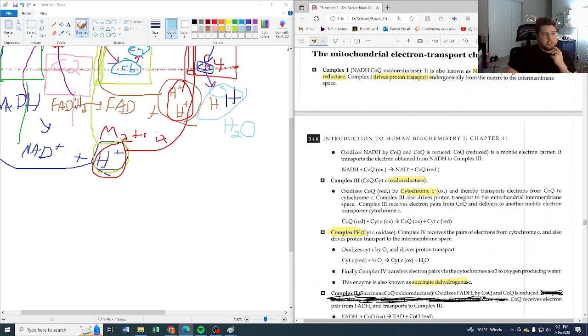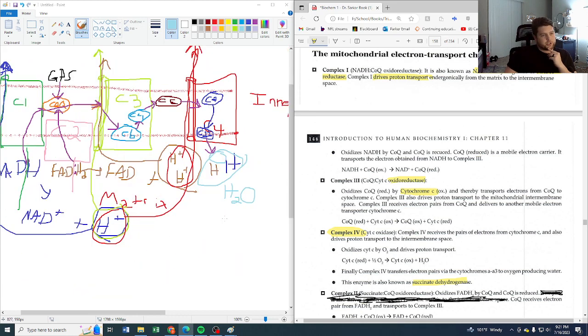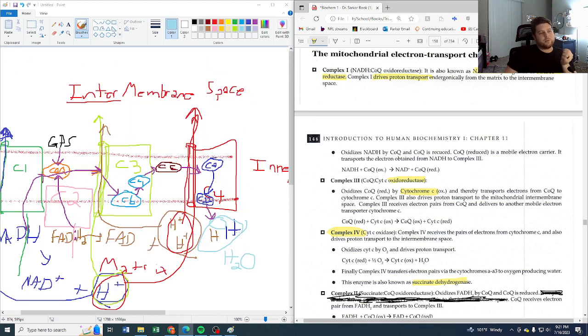So for example, the CoQ CYP oxidoreductase, aka complex 3, so that's another name for complex 3. What's complex 3's job? It's to help oxidize. It oxidizes CoQ in order to reduce CYP. Hopefully that makes a little bit of sense.